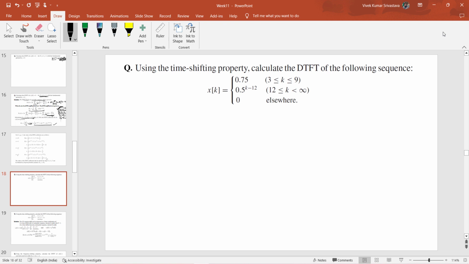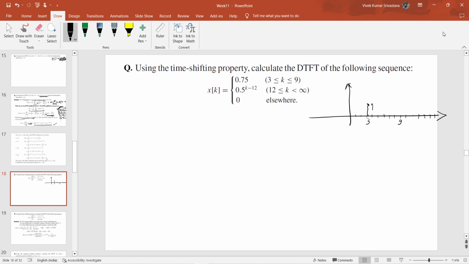If we draw this signal, it will start from 3 up to 9.